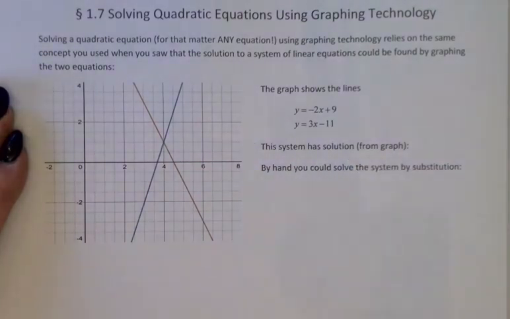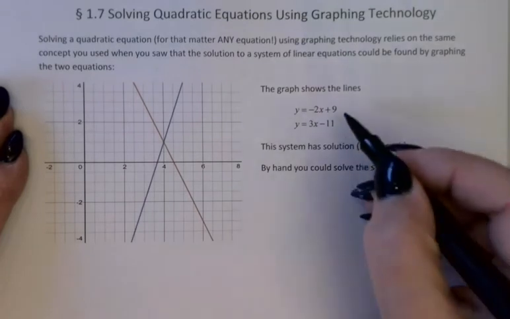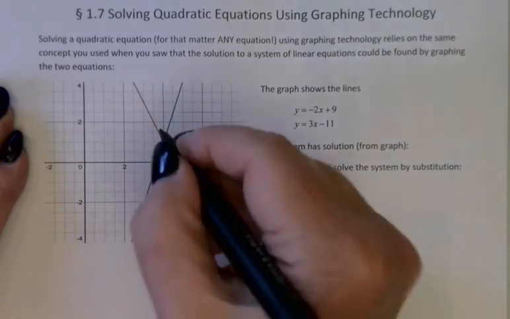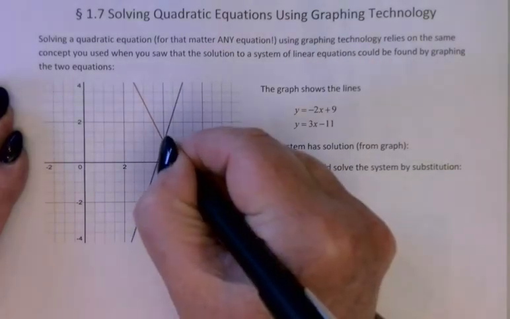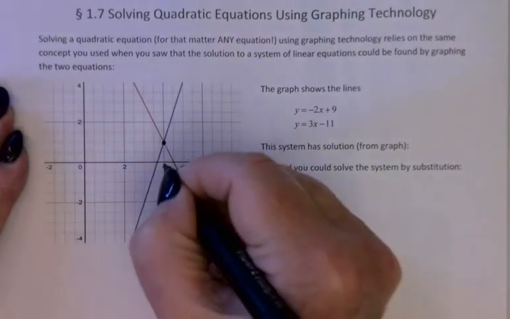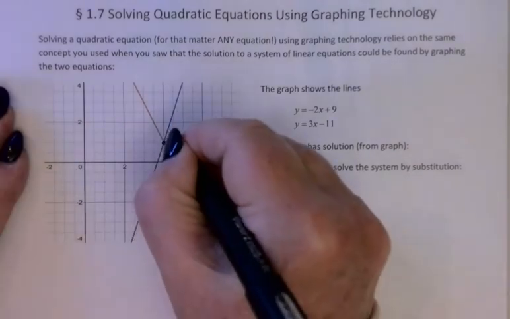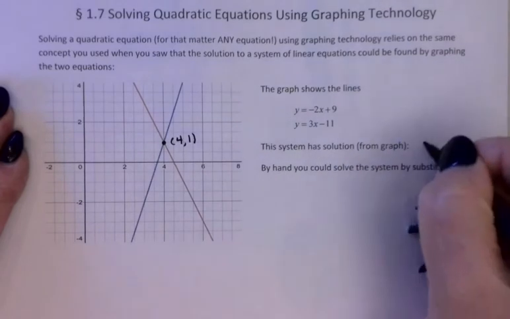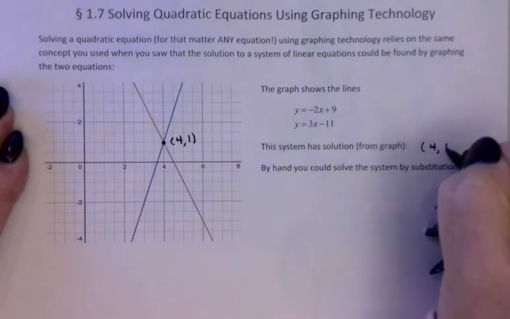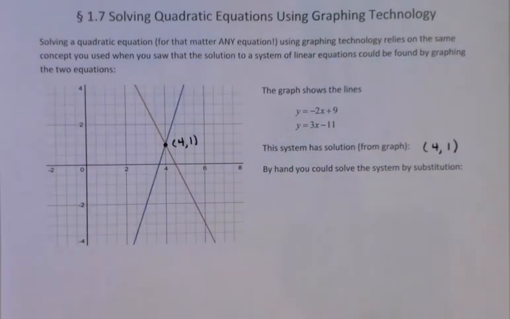From the graph, we can actually read the solution to this system. We're looking for a point that lies on both lines, which would be the intersection point. In this case, it looks like that would be x equals 4 and y equals 1. So that is the solution to our system.